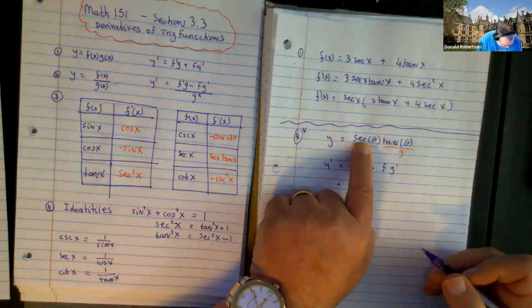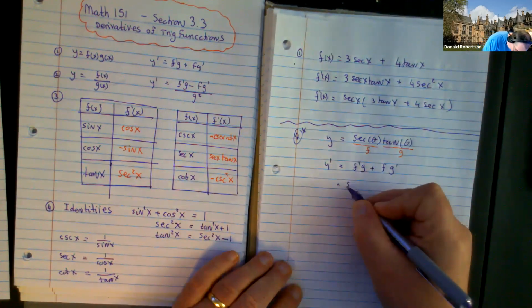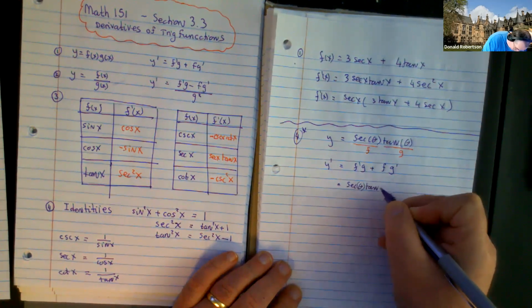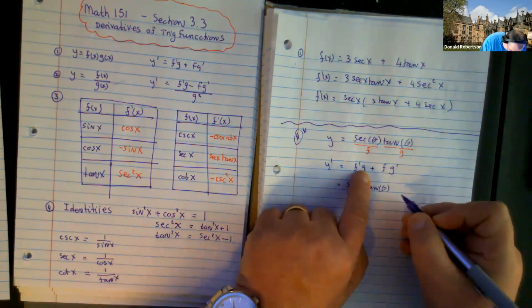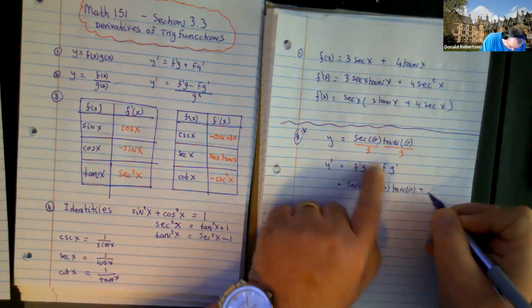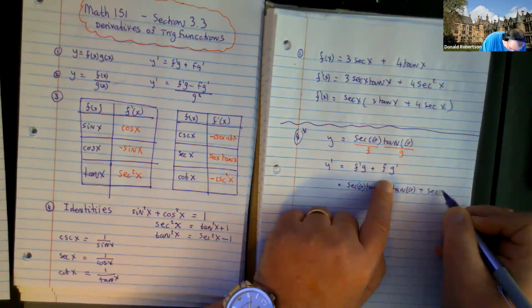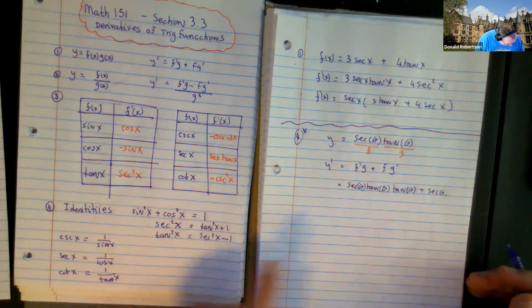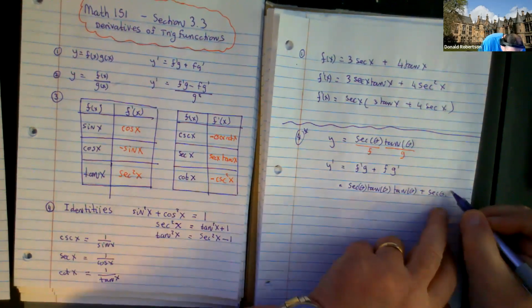If you differentiate a secant, you get a secant tan. Leave the guy there alone, that's your g. Plus, leave the first one alone, just secant theta, and differentiate a tan. Well, the derivative of a tan is secant squared.